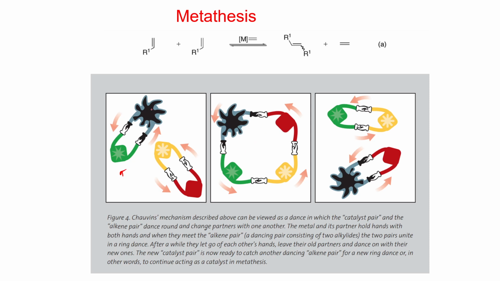Here the catalyst is attached to the green one, but there you see the catalyst is now attached to the red moiety, and the blue and green are joined with each other. In that context they have explained this particular phenomenon.